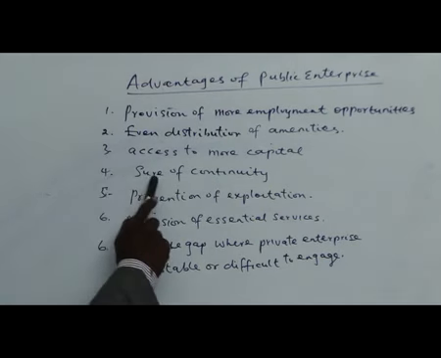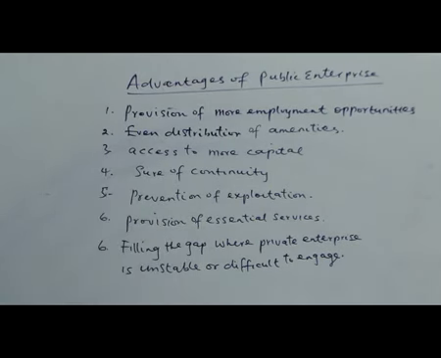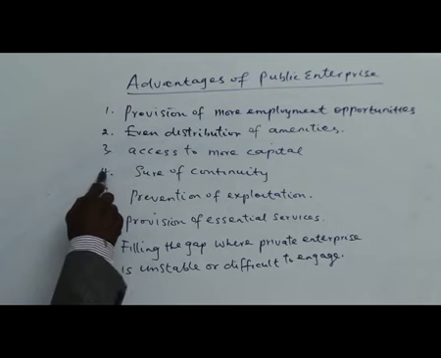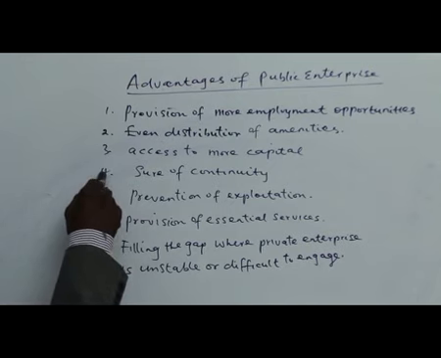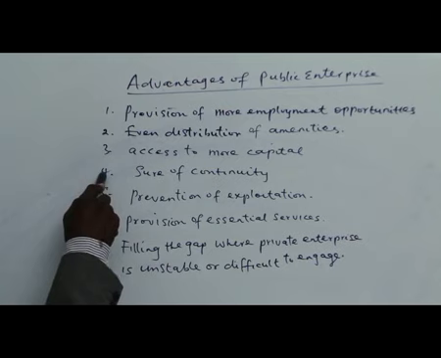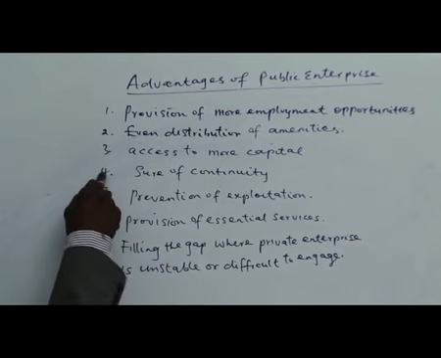Number four, sure of continuity. Public enterprises will continue to be in existence irrespective of the government in power as a result of what? More capital that is allocated into the enterprise. So it will be difficult for just any public enterprise to collapse.